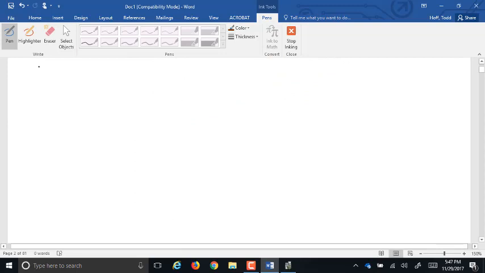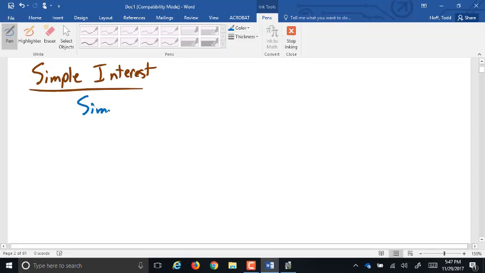What we have been doing so far is simple interest. We had the two things: we had simple interest note, and we had simple discount note.